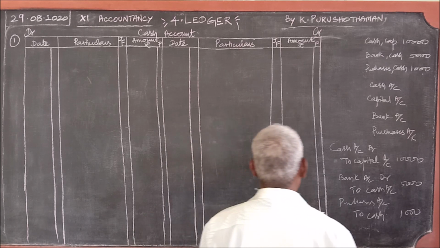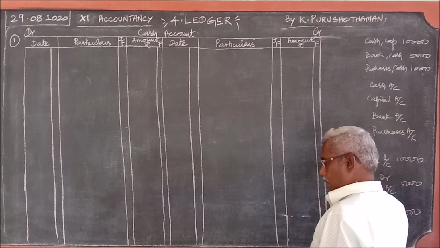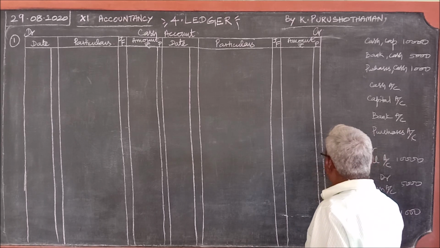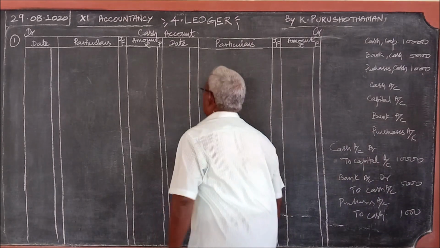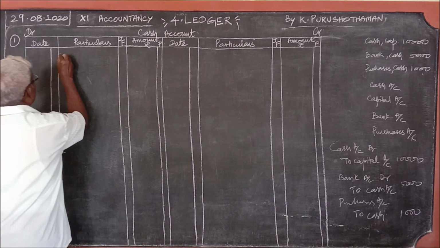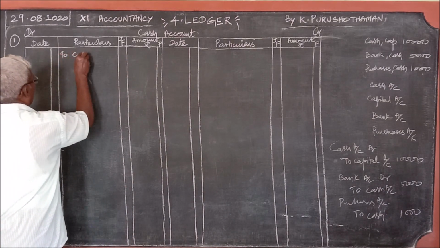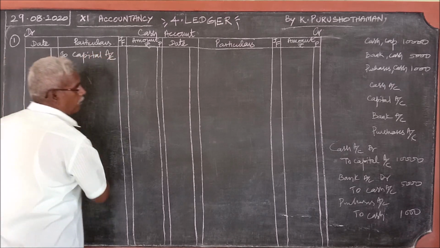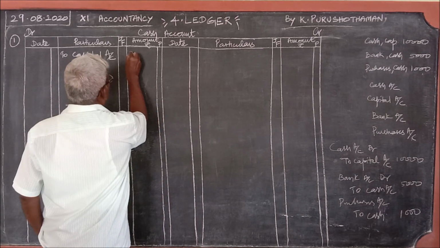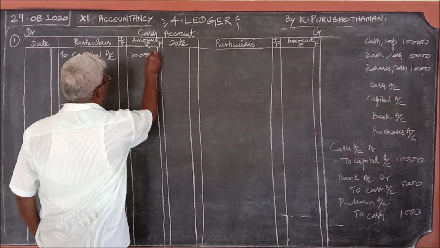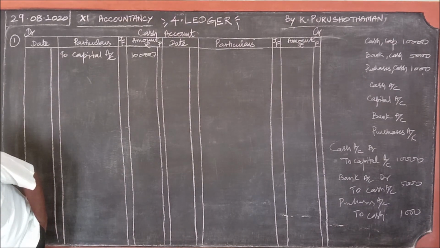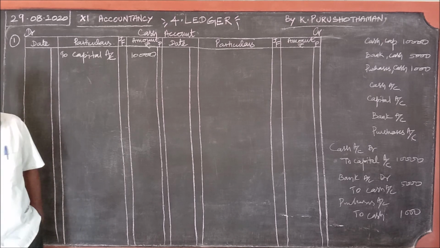So what we must write? Not the cash account, but we should write the other account which is coming along with it. That is the capital account. To capital account. The amount is 10,000. The date, 2016 January 1st.